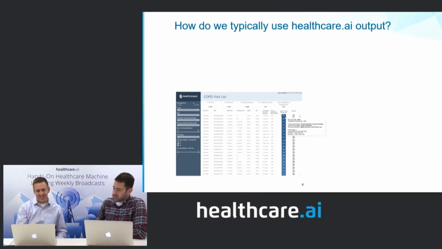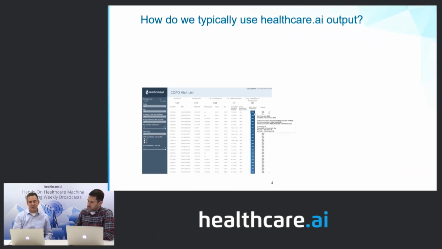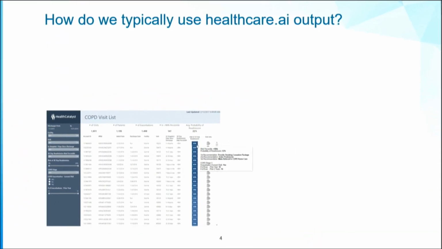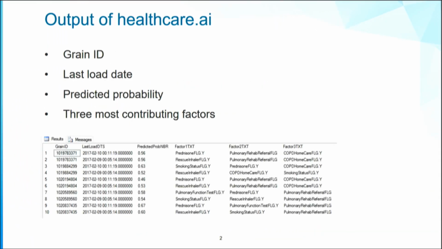So having those conversations up front, asking what things the clinician would like to see, makes it a lot more helpful. And in this example, I apologize, the screenshot is really small on the slide, but also doing things like translating a field like this, where you can see on this one, prednisone or pulmonary rehab referral, things like that are in kind of their original variable format.